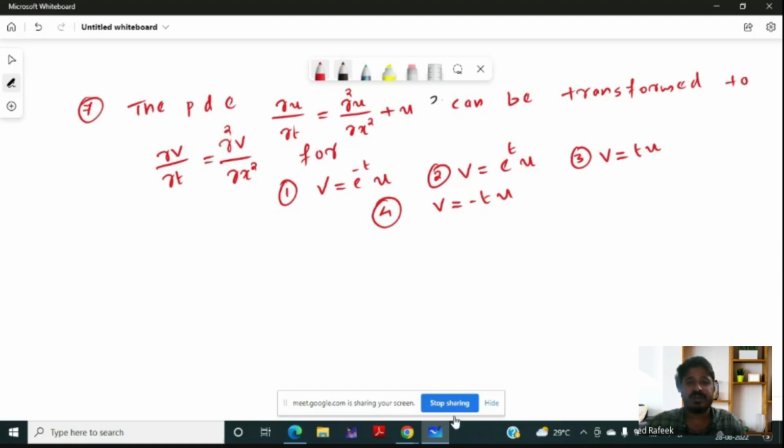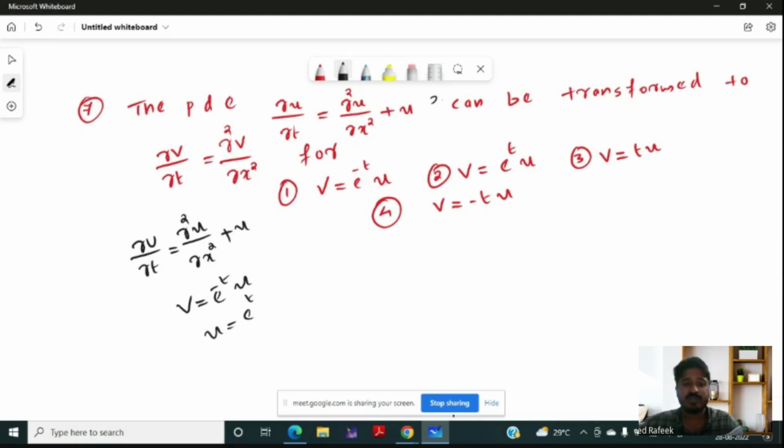Okay, so I am going with the options themselves. Our given PDE is dou u by dou t equal to dou square u by dou x square plus u. Only one option is correct, no issue. Take u equal to e raised to t into v, the transformation.